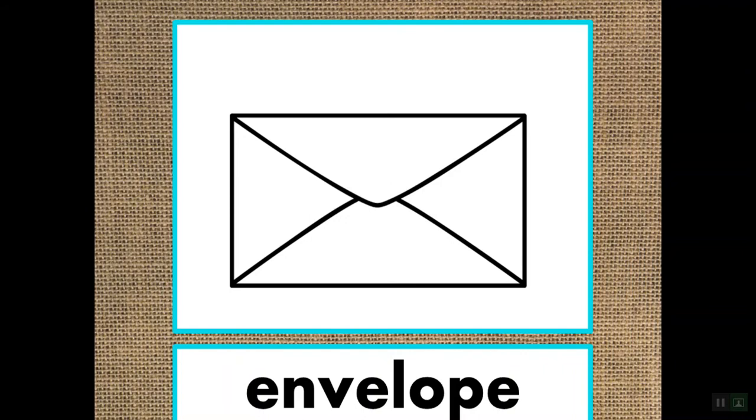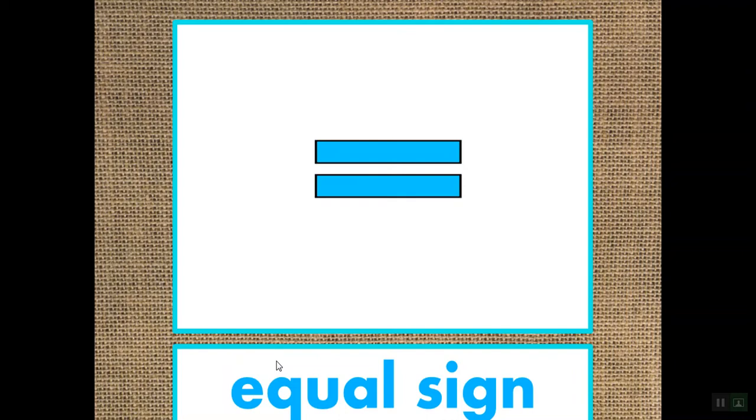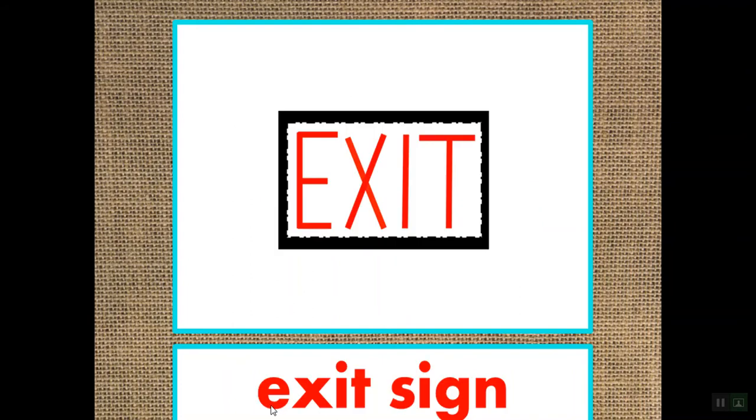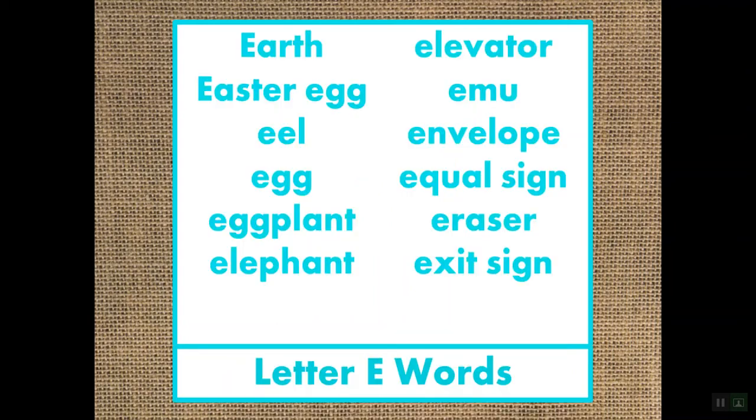Say envelope. Good. This is an equal sign. Equal starts with the long E sound, E. Here's an eraser. Here's an exit sign. The word exit, you can hear the short sound, which is the one we learned first. Eh, eh, exit. Good. And here's our list.